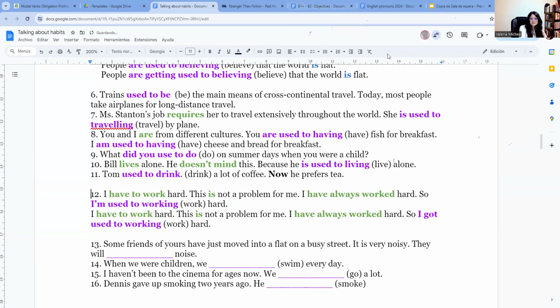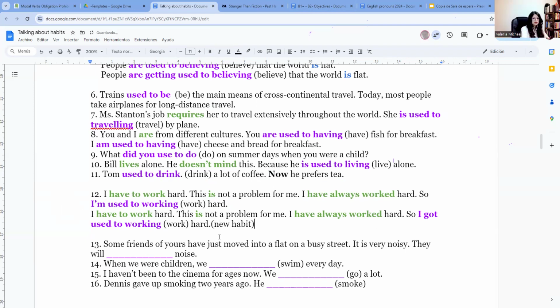Yeah, Miguel, tell us. In this last sentence, I got used to working. It means that it's some habit he always does, right? Not quite. It's a new habit. Oh, new habit. Okay. Yes, a new habit.